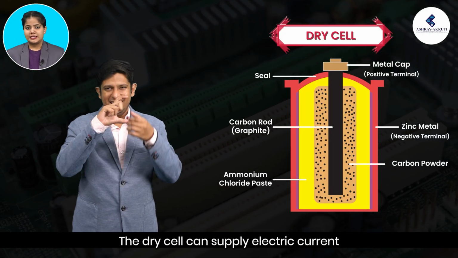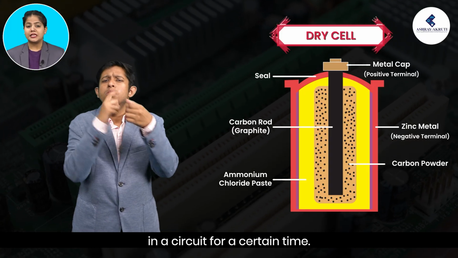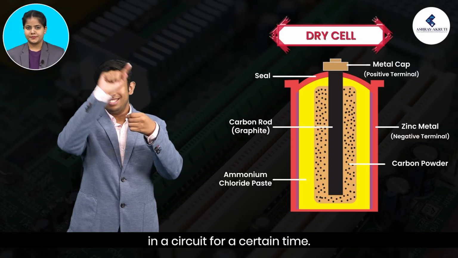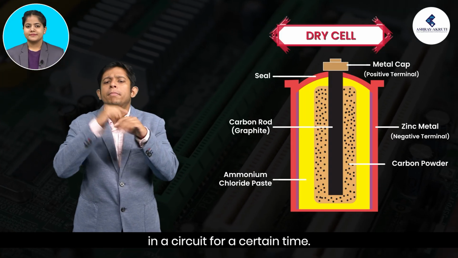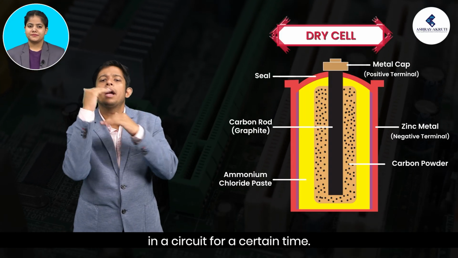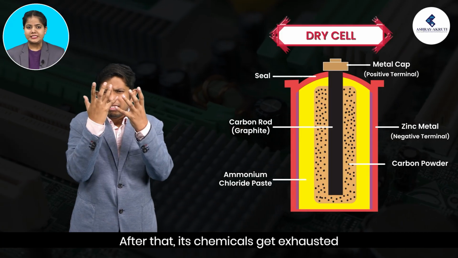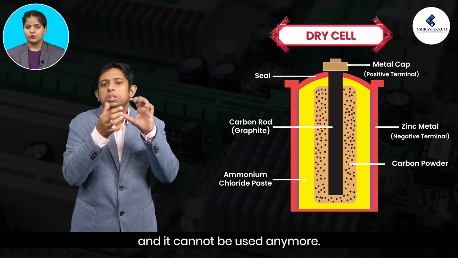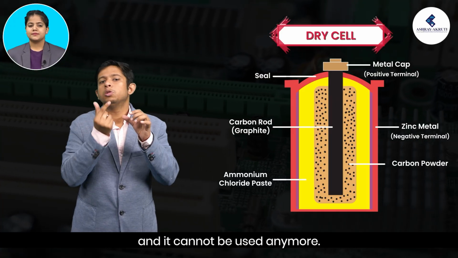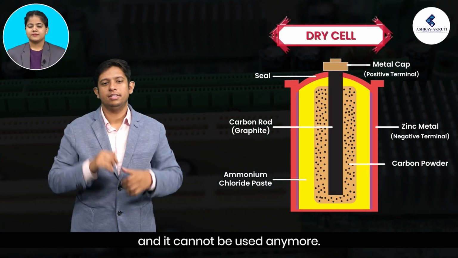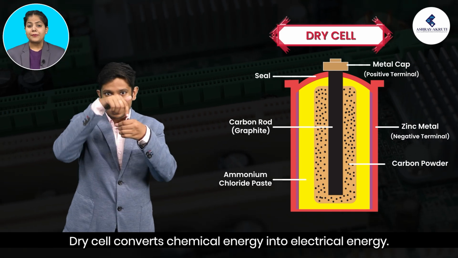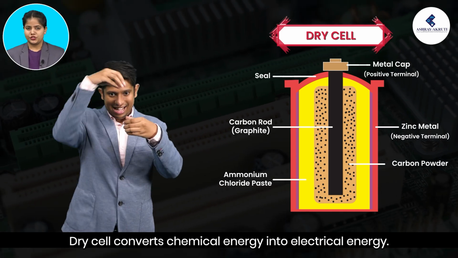The dry cell can supply electric current in a circuit for a certain time. After that, its chemicals get exhausted and it cannot be used anymore. Dry cell converts chemical energy into electrical energy.